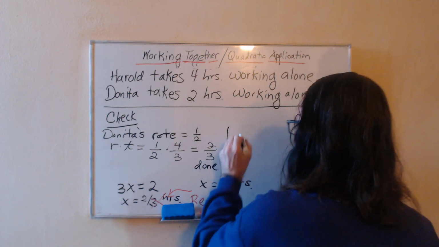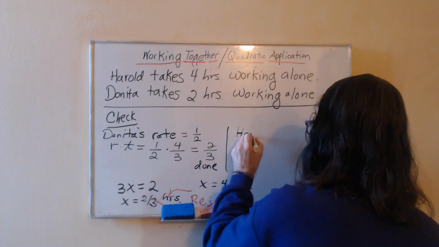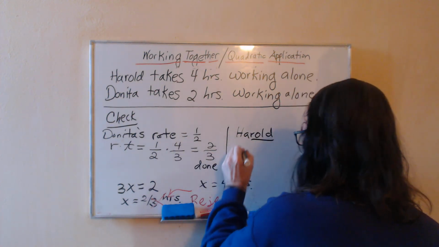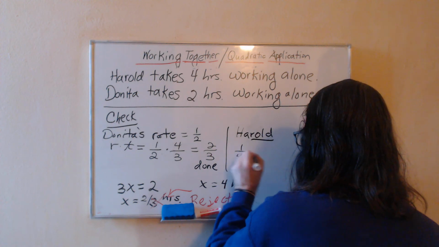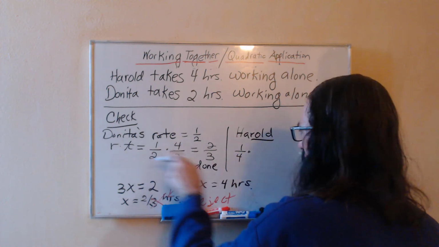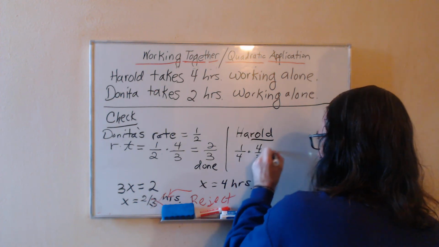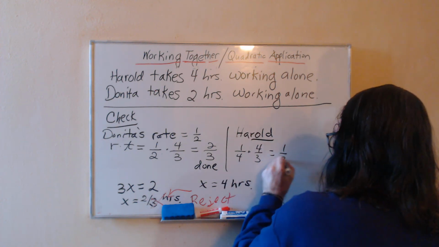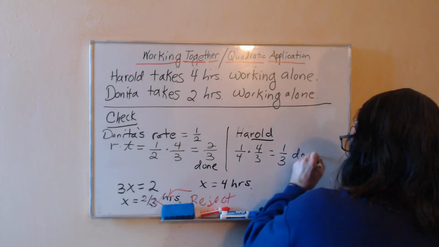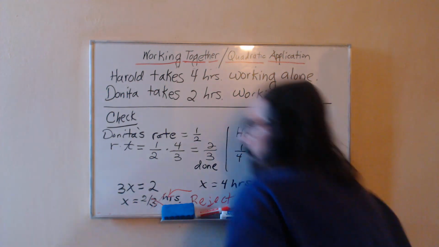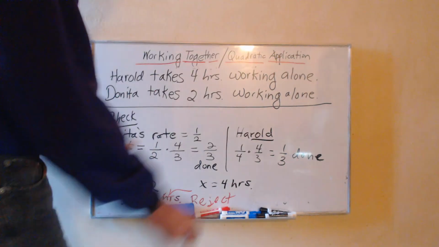Harold, his rate would be 1/4. So multiplying his rate of 1/4 by the 4/3 of an hour, cancel the 4's, we get 1/3 of the job done in those 80 minutes, or 4/3 of an hour.